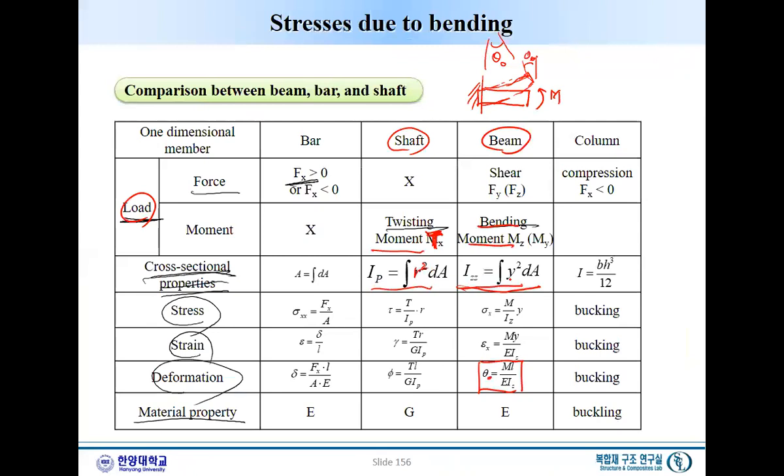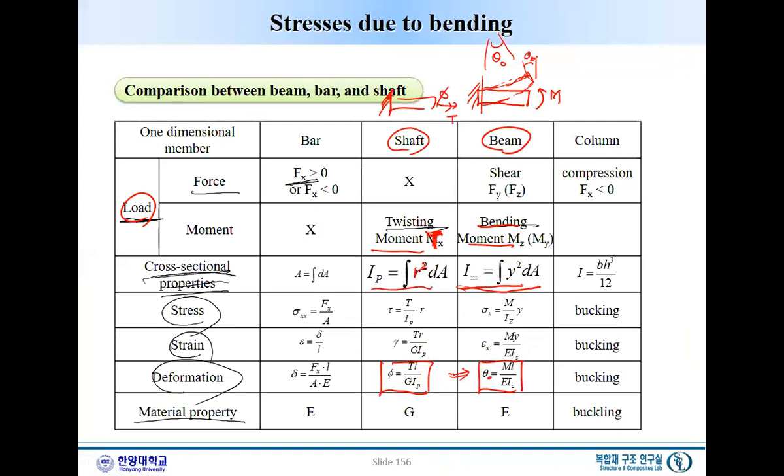Compared to this, very similar, except R here is Y. And for the angle of rotation, phi, in the case of a shaft, we have a clamp and we have a torque, and you have an angle of rotation, phi, how much it rotates. Phi is T L divided by G I_P.